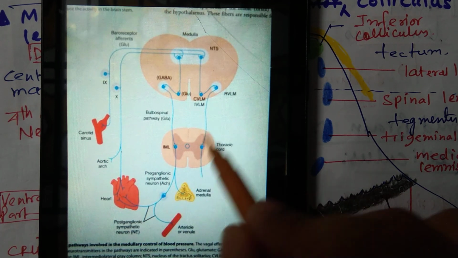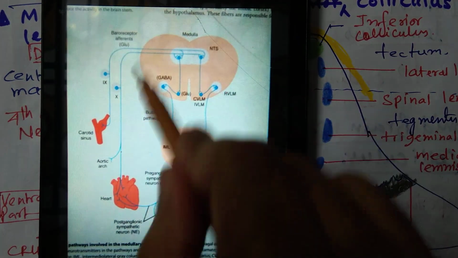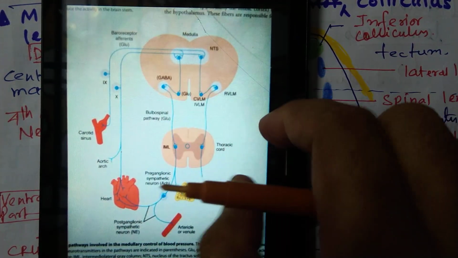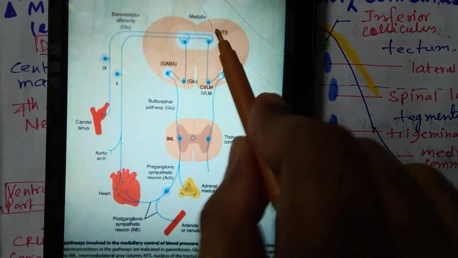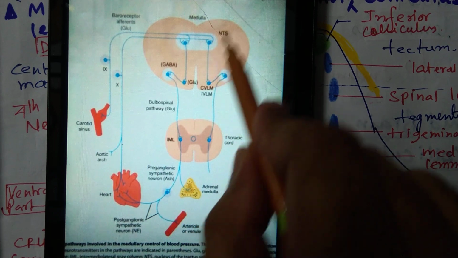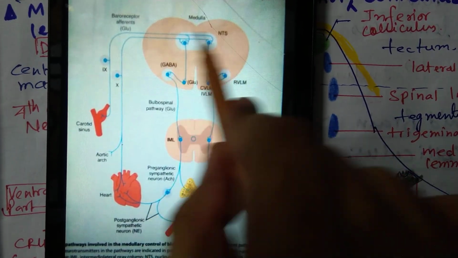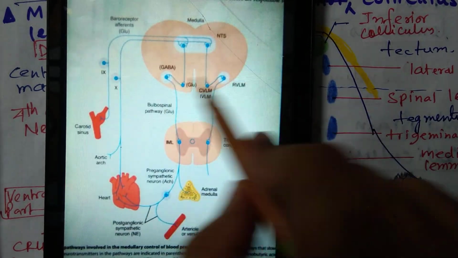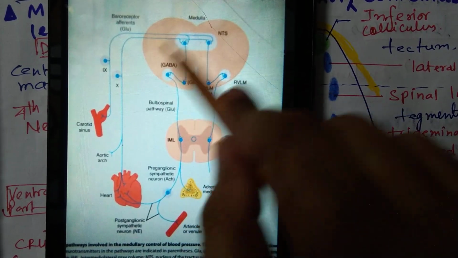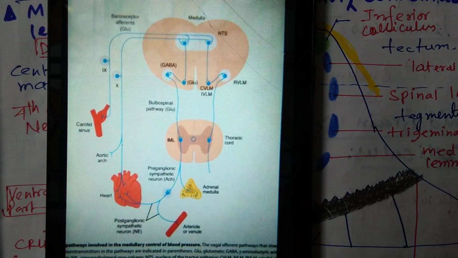Now look here, this is the medulla and this is the nucleus tractus solitarius, NTS: N for nucleus, T for tractus, S for solitarius. NTS is located in the medulla oblongata of the brain.